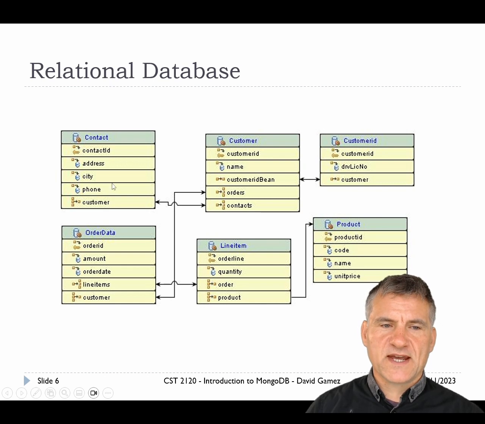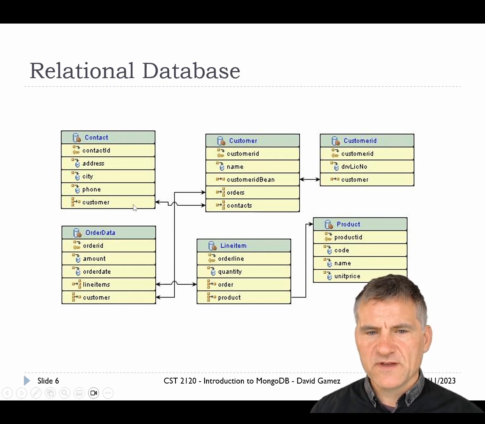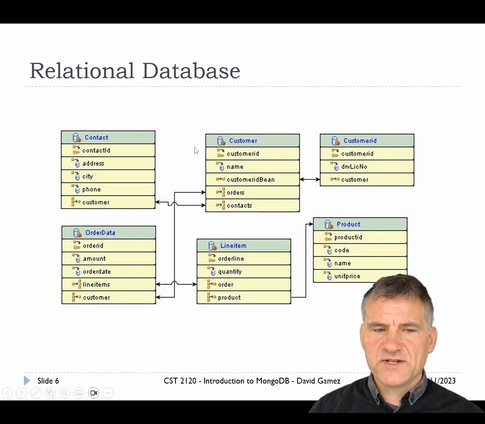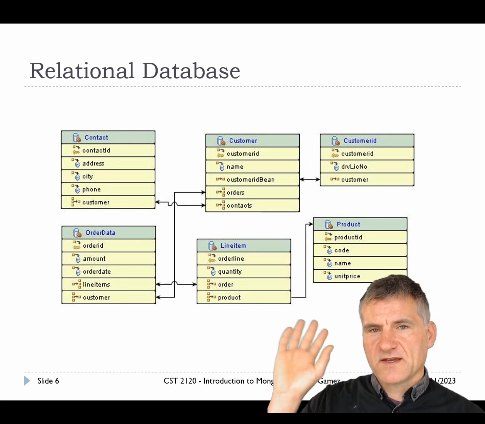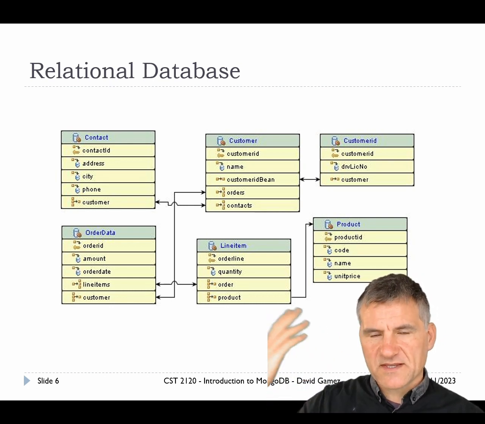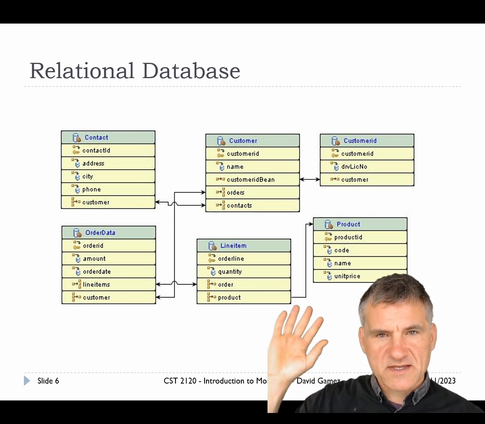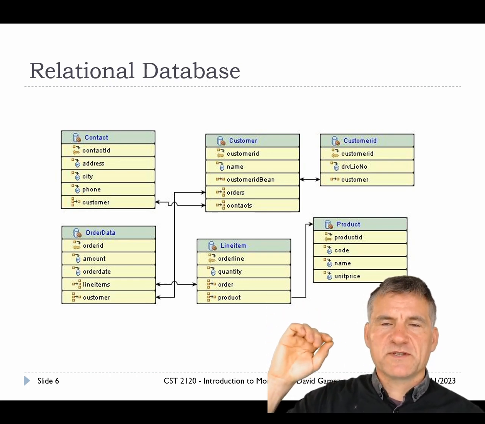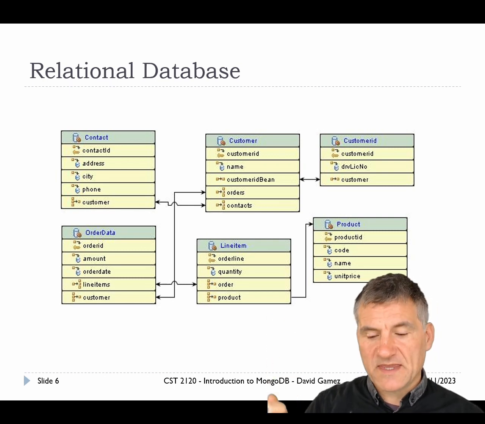So we might store a contact, for example, there's contact ID, address, city, phone, customer, and so on and so forth. And then there are these foreign key relationships between the different tables. So one table might store the customer details, another table might store the orders, and there'll be a foreign key relationship between the customers and the orders table. The customer ID might appear in the orders table, so we can know which customer made that particular order.